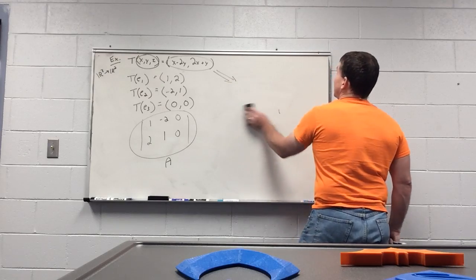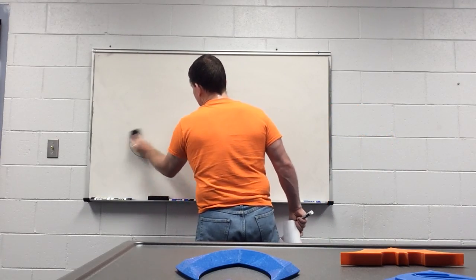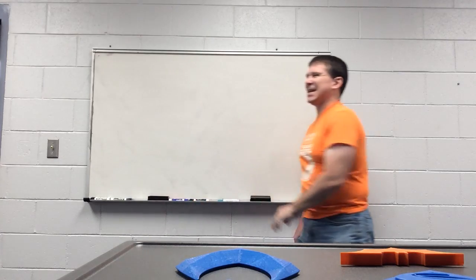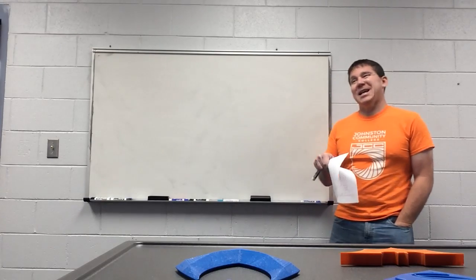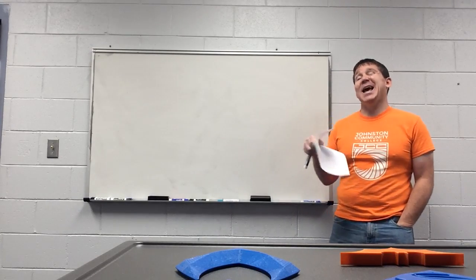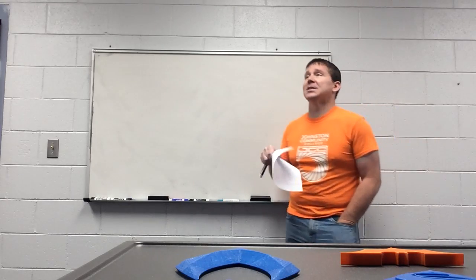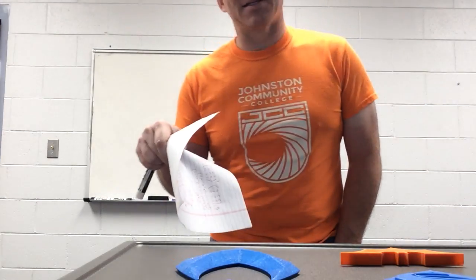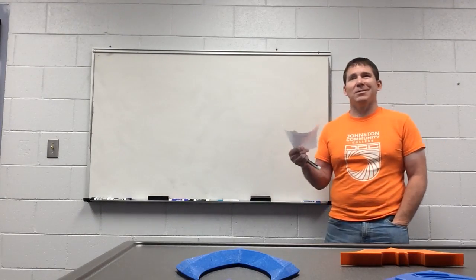So now, I have a linear transformation, which I understand is essentially a function. Only now, instead of writing out my function algebraically, I'm going to write out my linear transformation as a matrix. But it still represents a function, so to speak.